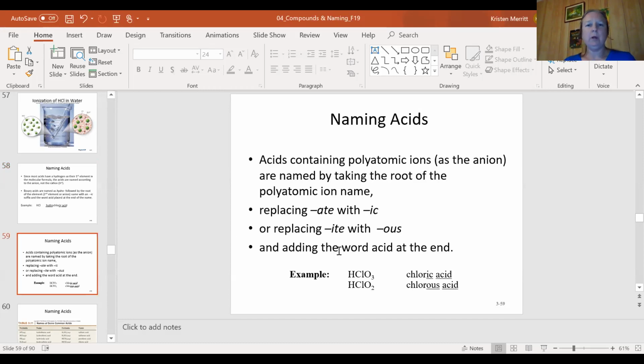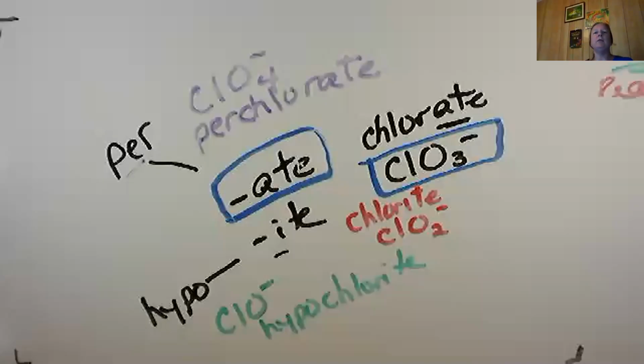When you do polyatomic, so let's go back to my board. See, this is still up because polyatomic ions can also form acids.